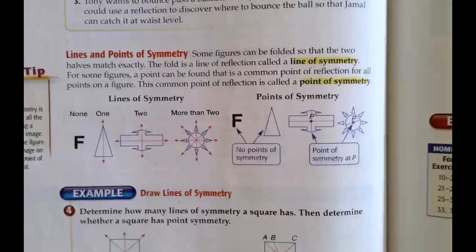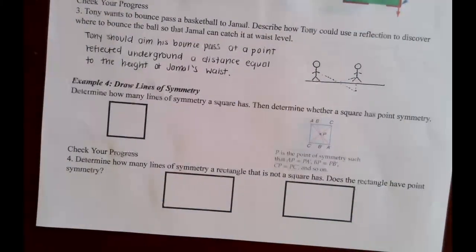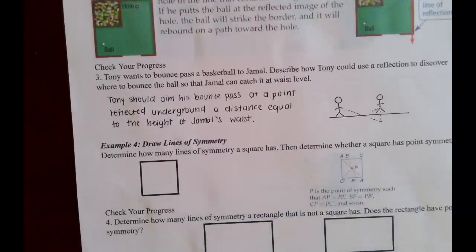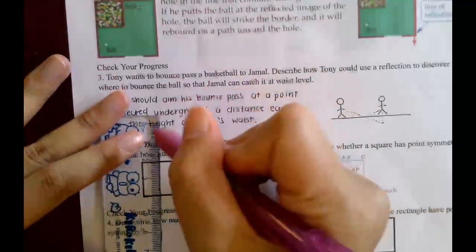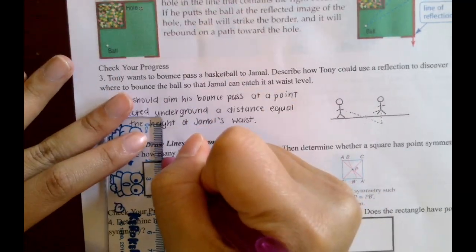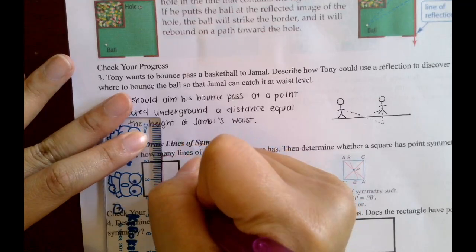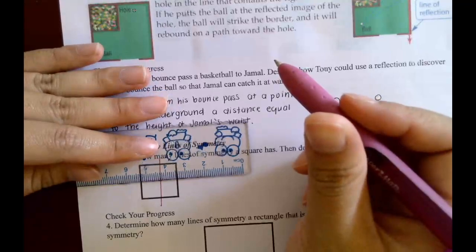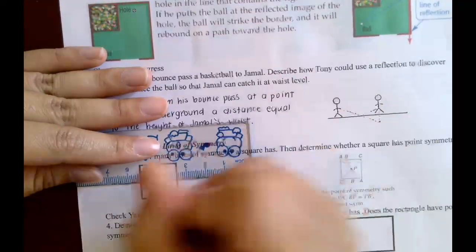Okay. So that takes us to our next example, to determine how many lines of symmetry a square has. So one thing we can do with our square is fold it in half vertically. Okay, this isn't going to be perfect. We can also fold it horizontally.